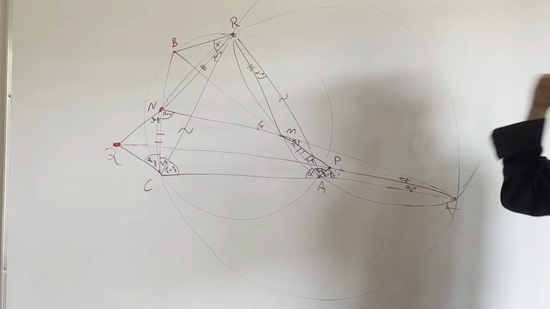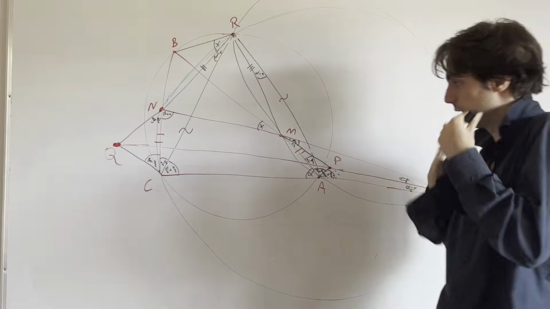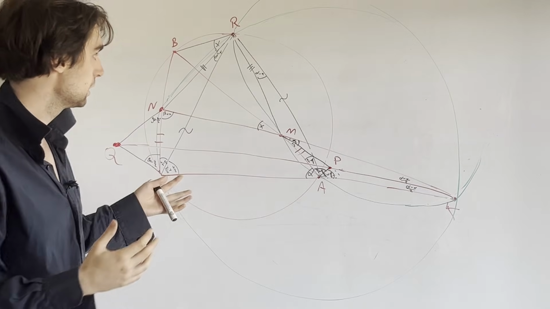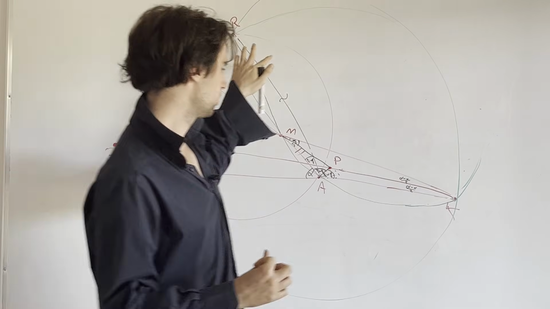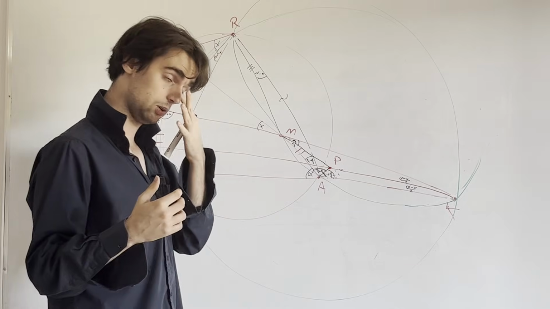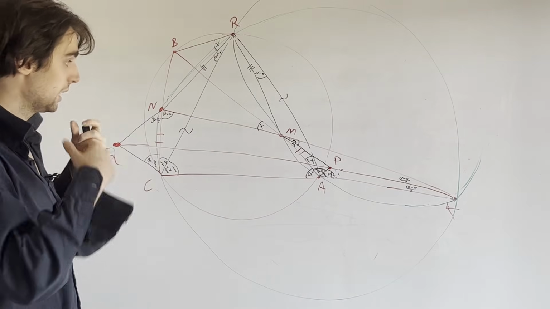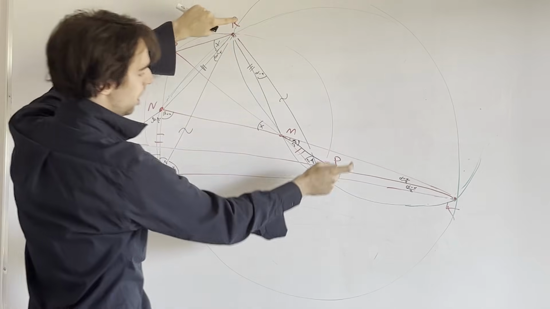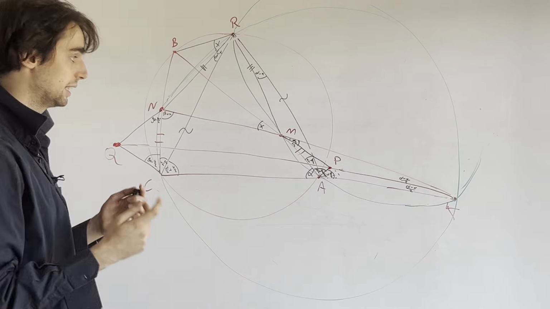And I introduce points P and Q. I don't see anything else we can add to points M and K. We've done a lot. I still don't know how to connect R with K. We have these angles, but let's see, is there anything interesting going on now? How are we going to connect R with Q and R with P? That is a question.